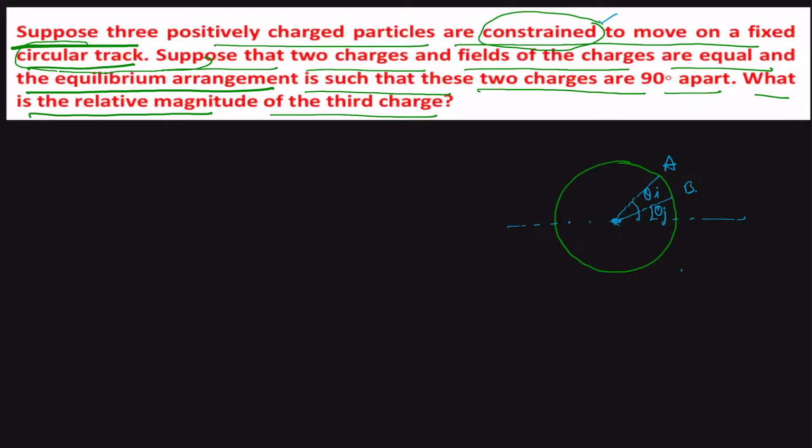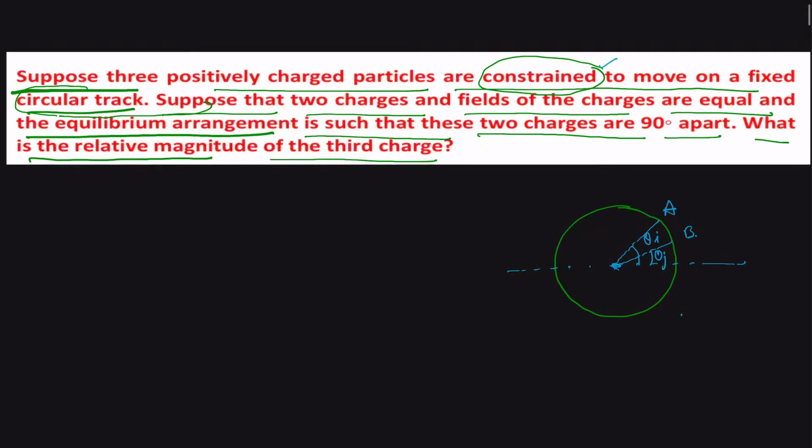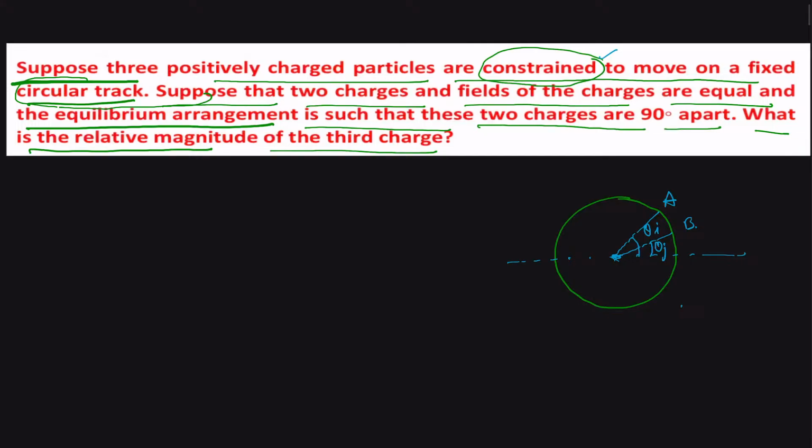And so we can write that we consider 2 charges, and these 2 charges are, let us suppose, Qi and Qj.